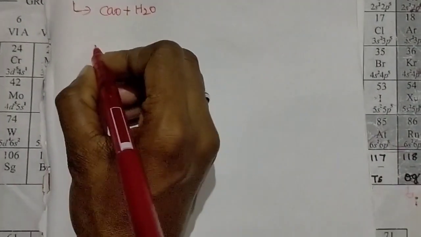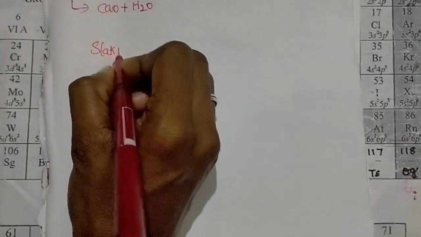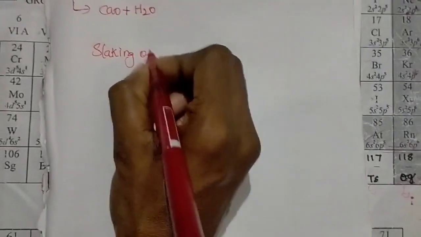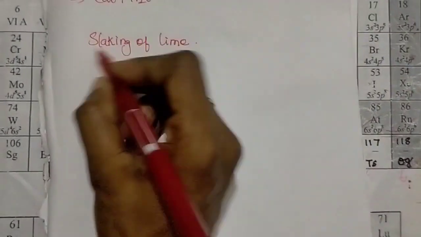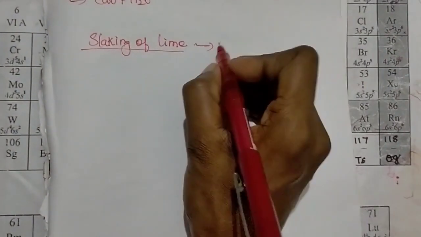This breaking of lumps in the lime is generally known as slaking of lime. The product of this slaking of lime is known as slaked lime.